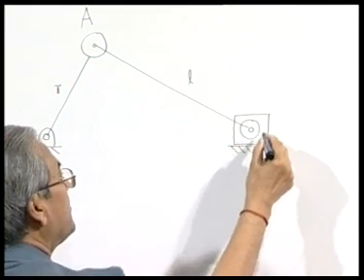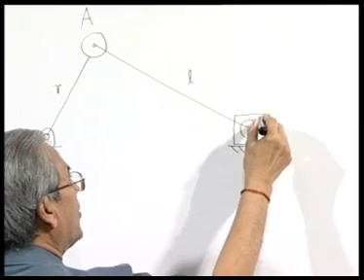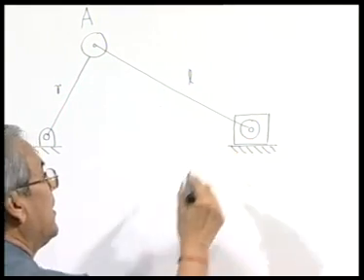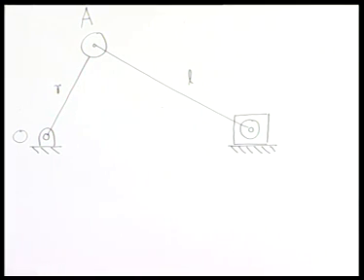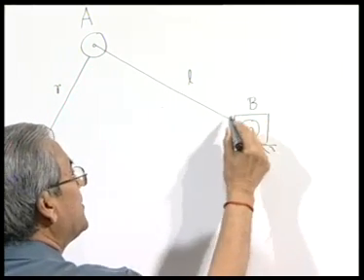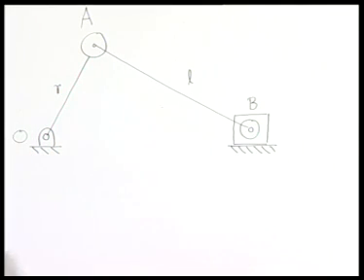Then there is another mass here, which is the original slider and the apportioned mass of the connecting rod at location B. So, this becomes a purely reciprocating mass.